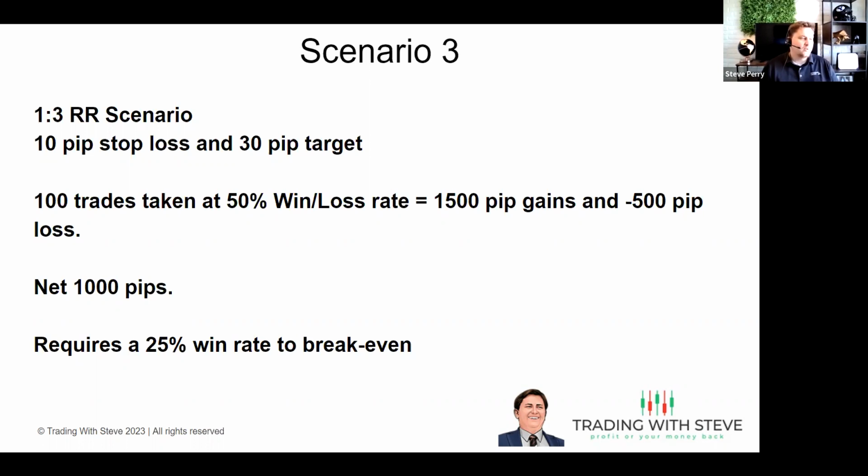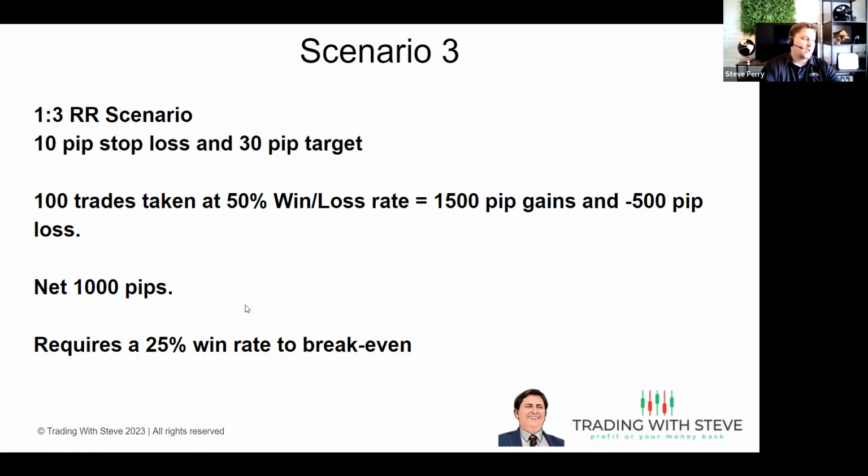Okay. So 1 to 3 again is, for example, a 10 pip stop loss, 30 pip target. If you were to take 100 trades and win half of these, you would have netted 1,500 pips in gross pip revenue, and you would have lost 500 pips total, and you would have had a net of 1,000 pips, which is just perfect.